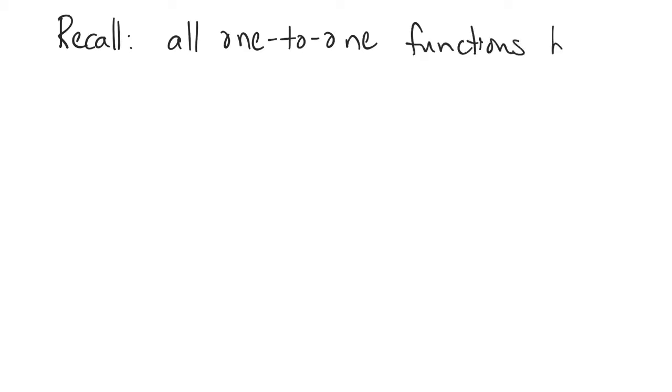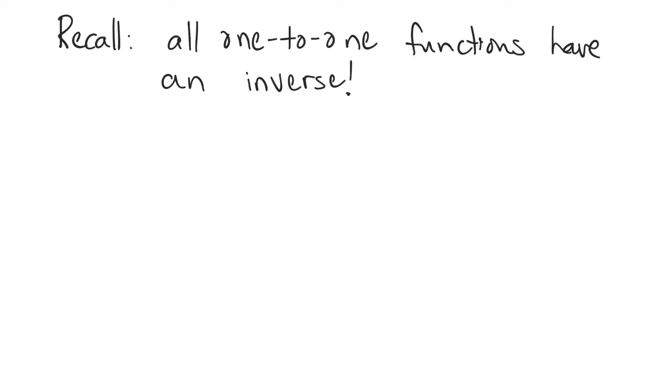Real quick, recall that all one-to-one functions, remember when we talked about one-to-one, that meant for every x, there's only one y. So all one-to-one functions have an inverse. And when we find that inverse, we just switch our x's and our y's, and then we solve for y.